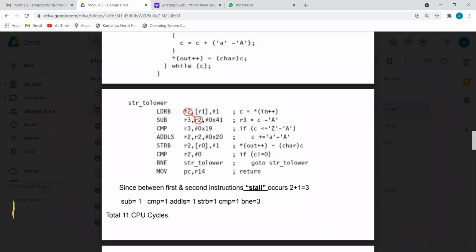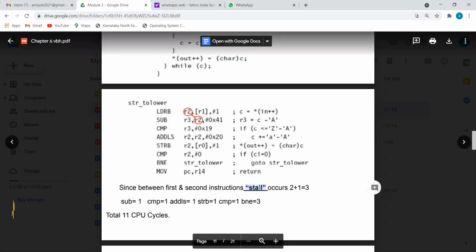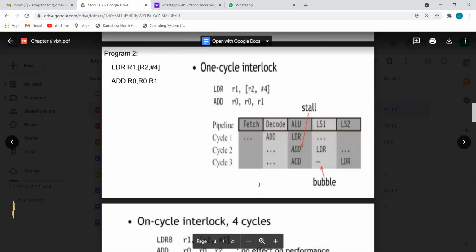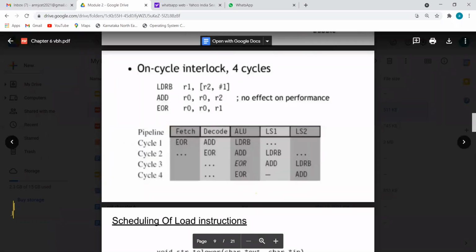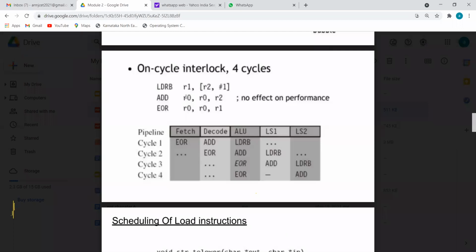Now the question: the result of LDRB, here R0, is a participant of the very next instruction, the sub. Hence, a stall will occur.